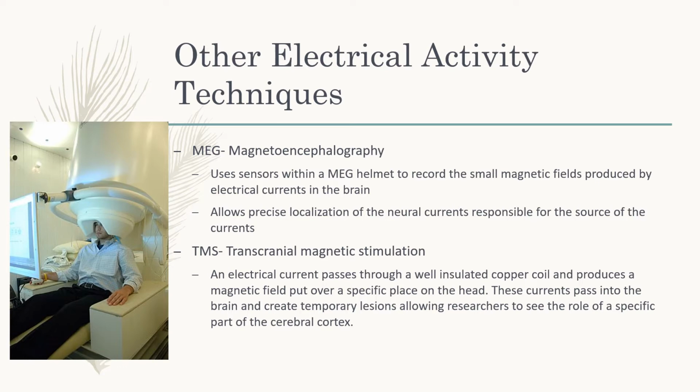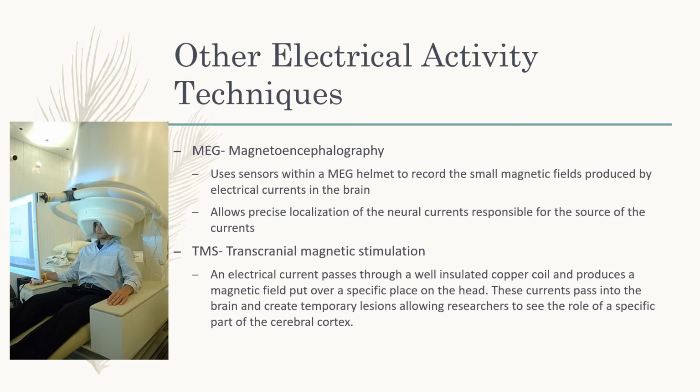The other one is TMS, transcranial magnetic stimulation. So they put electrical currents through a well-insulated copper coil, and it produces a magnetic field over a specific place on the head.